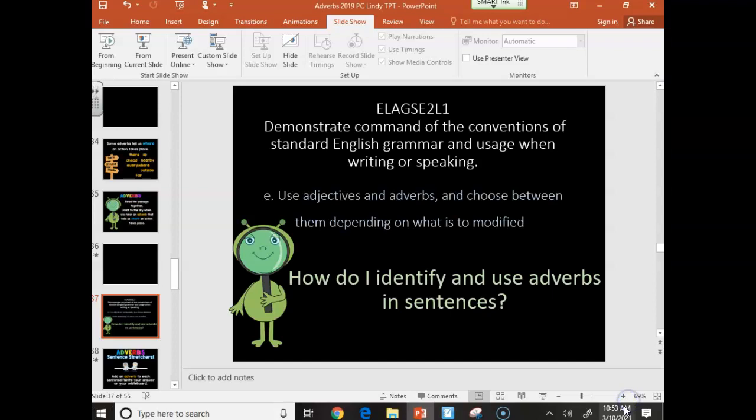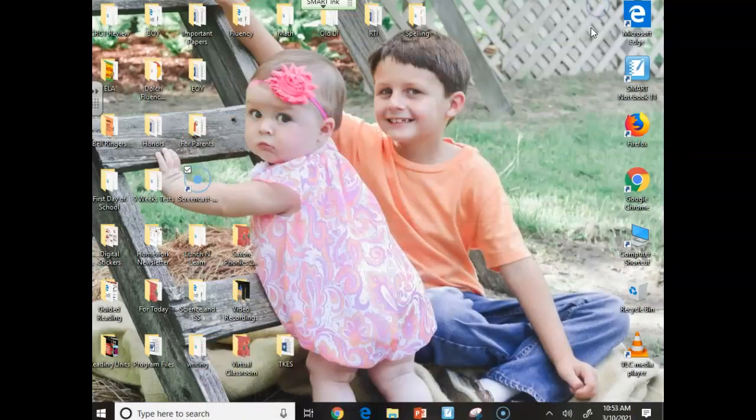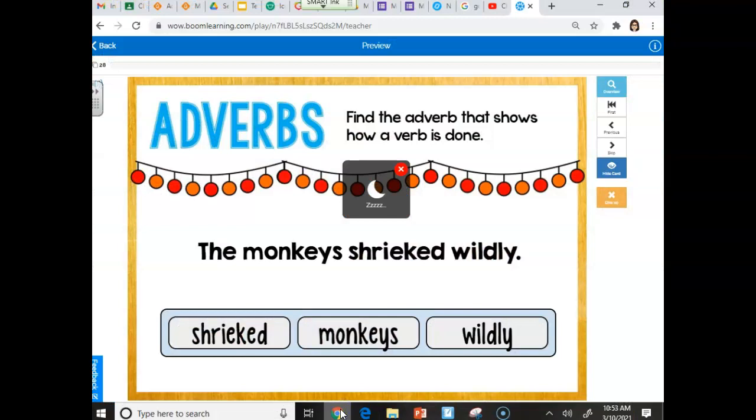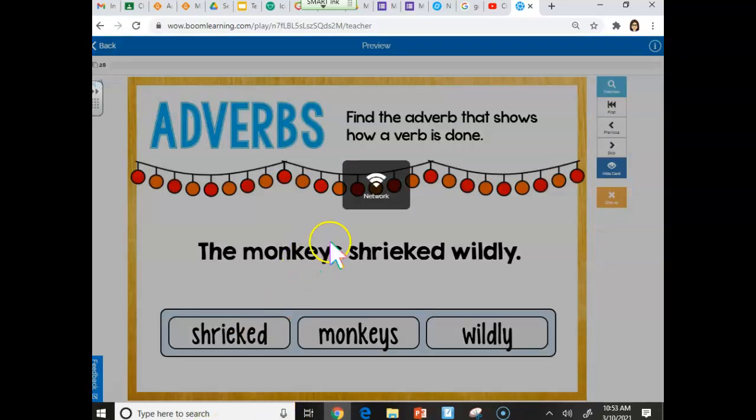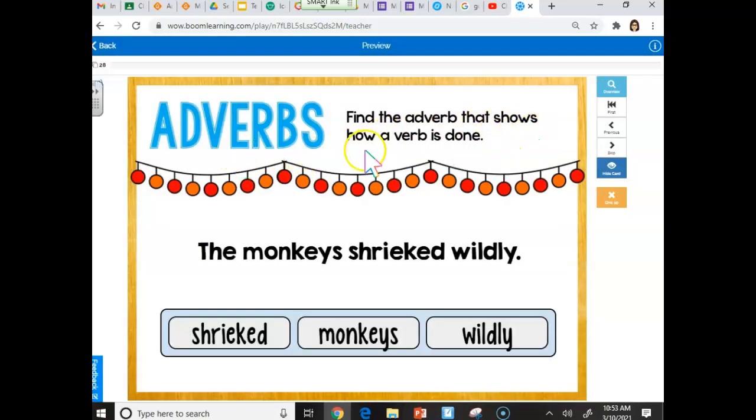Okay, now, today for practice, you are going to practice finding the adverb in the sentence. It says adverbs. Find the adverb that shows how a verb is done. You have a sentence. The monkeys shrieked wildly. What is the verb in this sentence? Shrieked. How did they shriek?